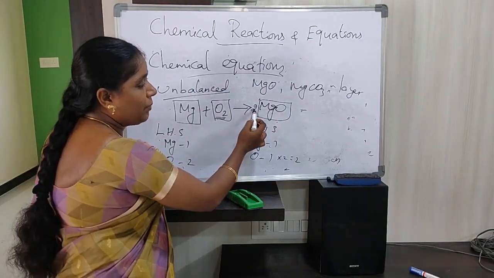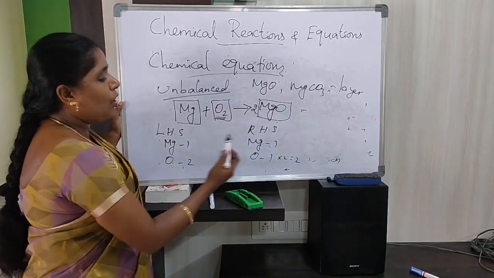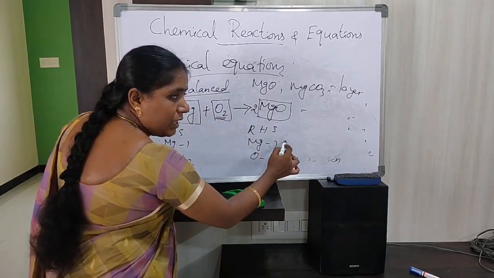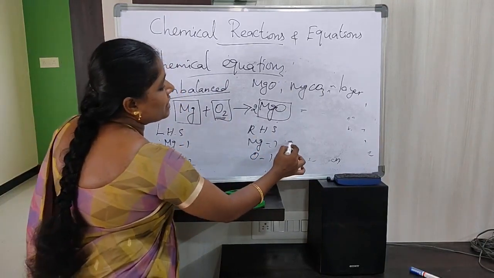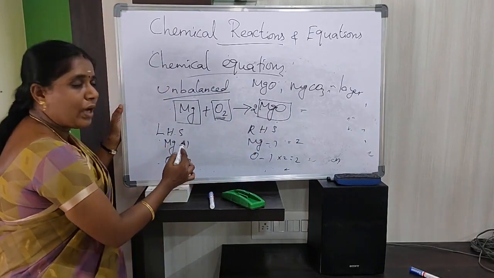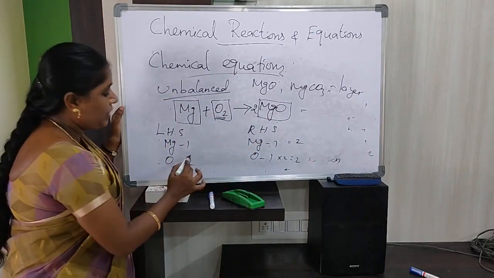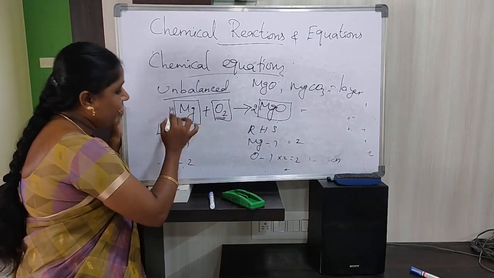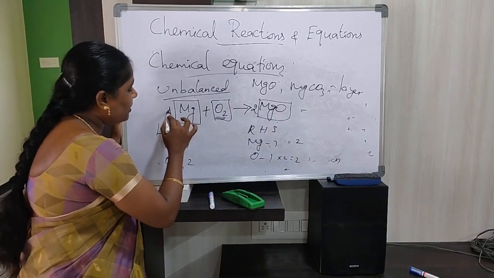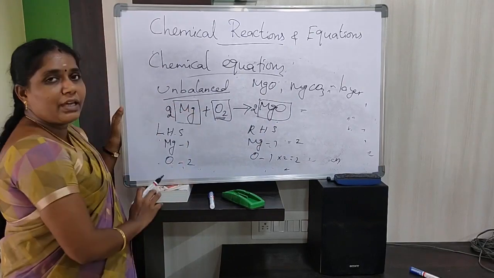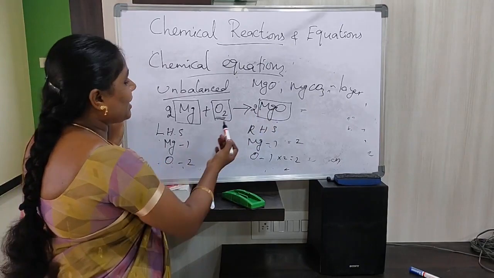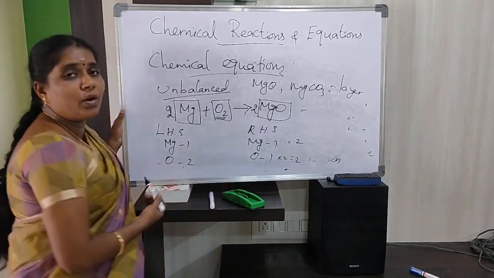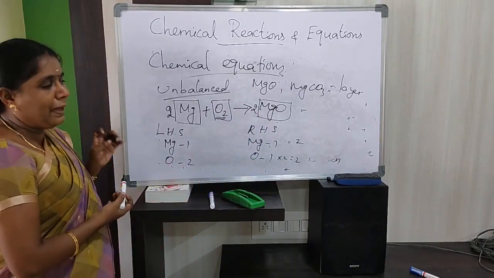So now you have to balance the magnesium. Add 2 in front of magnesium. Now there are 2 magnesium and 2 magnesium, and 2 oxygen and 2 oxygen. Now the reaction is balanced.